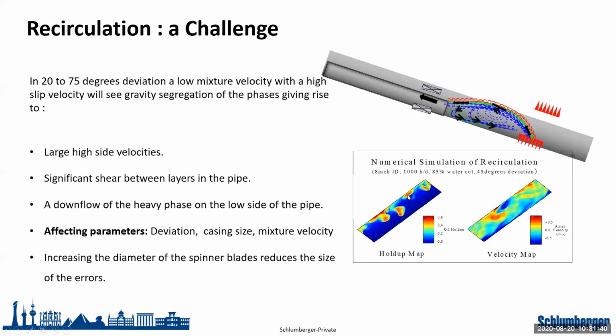You can see that it's occupying the least amount of the pipe, yeah? You can see that mainly water is occupying the pipe in this case, yeah? In a 45-degree deviation. You can see over here in the velocity map that the oil velocity is very high while the water velocity is low and negative, okay? So we will have over here basically water recirculation, yeah?